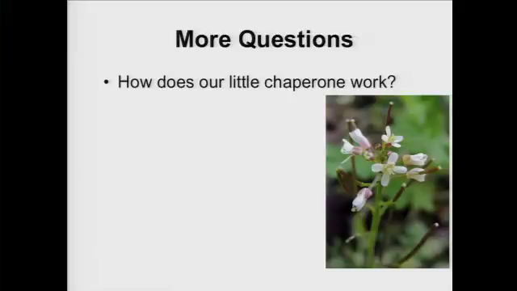So this story is very typical of how science often goes. As soon as you answer one question, it raises even more fascinating questions. How does this chaperone really work? Will we be able to understand it at the level that we can accurately predict what will happen if we modify it? Given that this is a much simpler system than all of those previously studied chaperones, we're confident that this might happen.